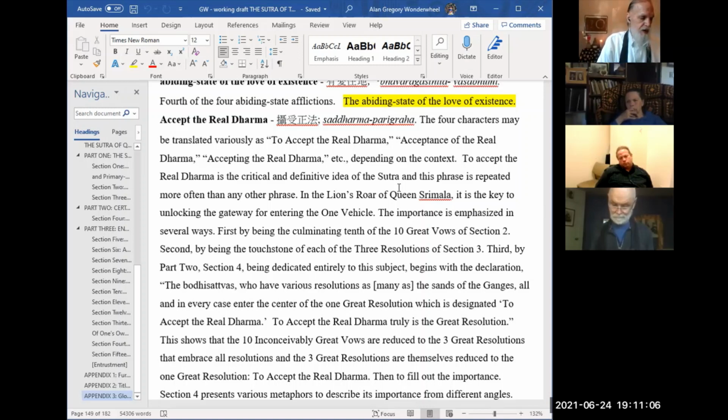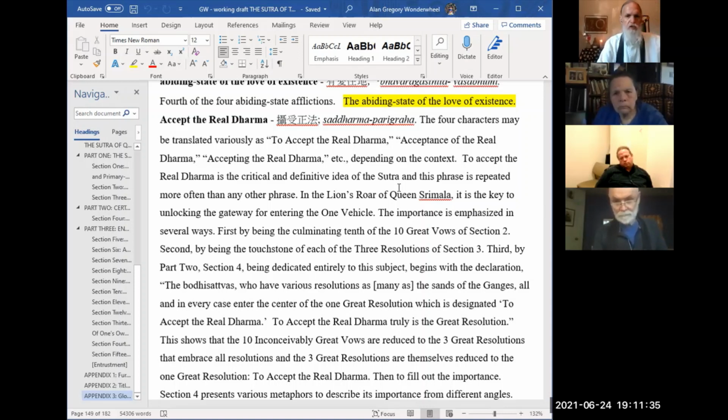I have it as to accept because I'm emphasizing more we're receiving and accepting it as true suchness, rather than reaching out and grabbing it as a thing, or holding it as a thing or an object. So that's a nuance in why I chose the word to accept.